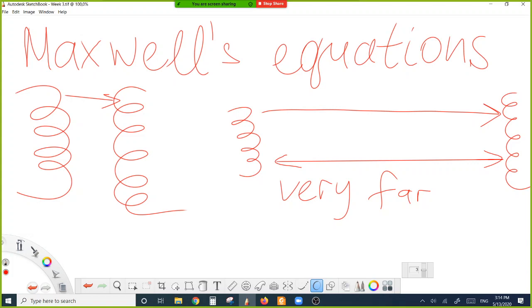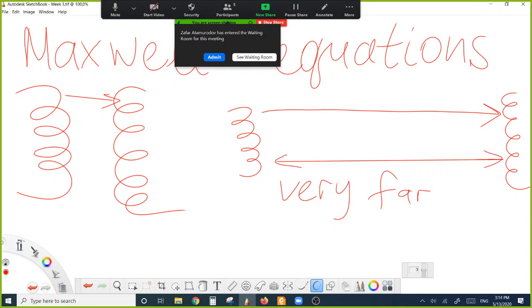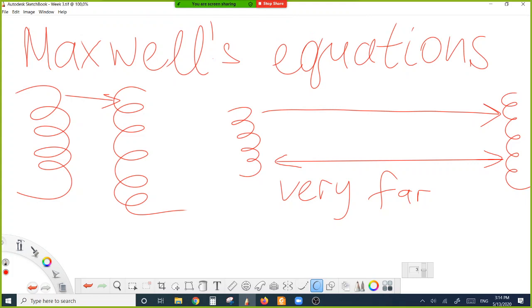And the question is, is there any lag in time between switching on the current in the first loop and detection of the induced voltage in the second loop, because of the distance between two loops? Well, Faraday's law says nothing about this time lag.